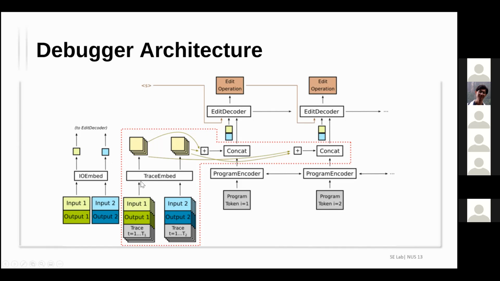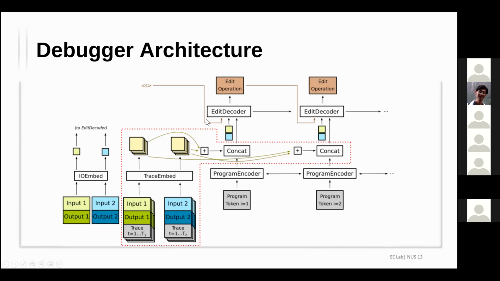And over here, the program encoder takes in the candidate program and encodes the token. I guess we can think of it as it encodes the instructions so that later we can do a mapping of the instructions to the traces itself, so what instruction will result in what action being taken.